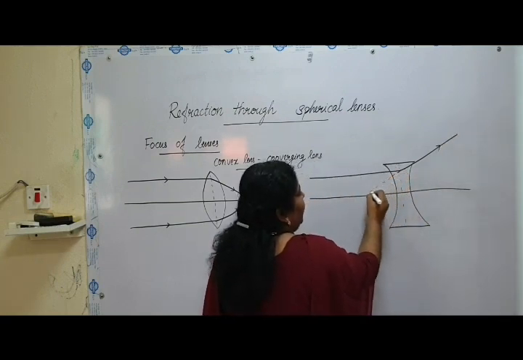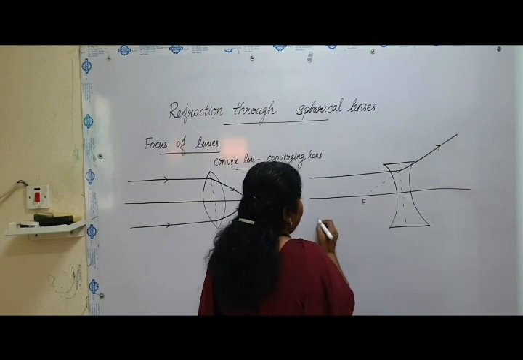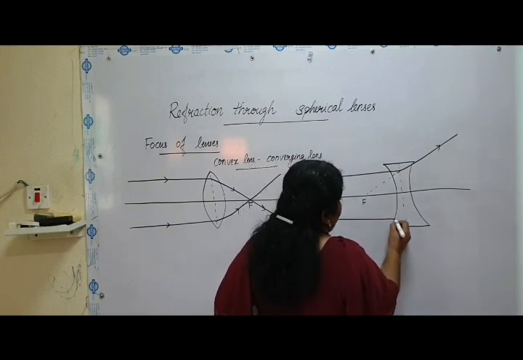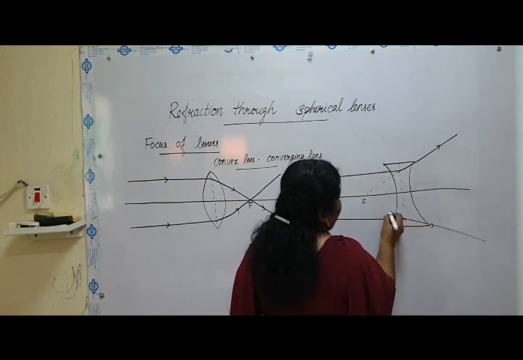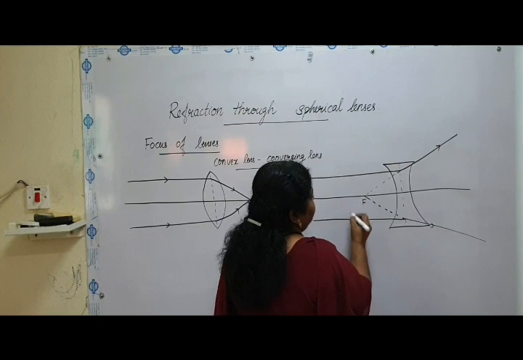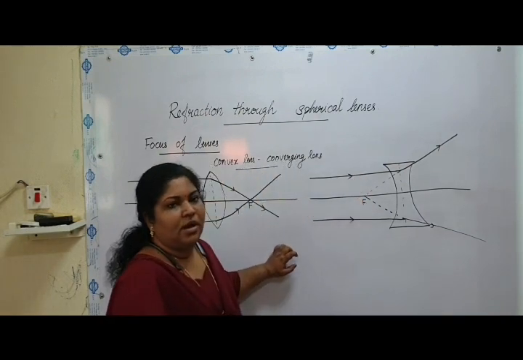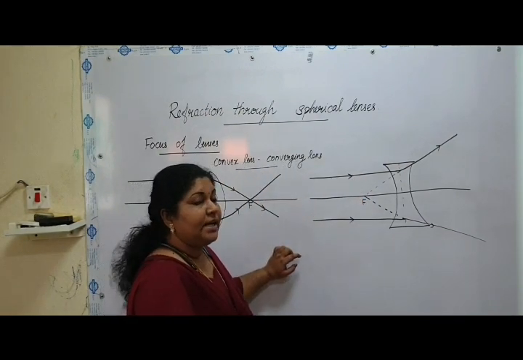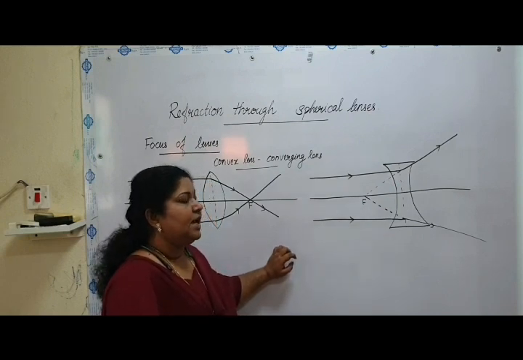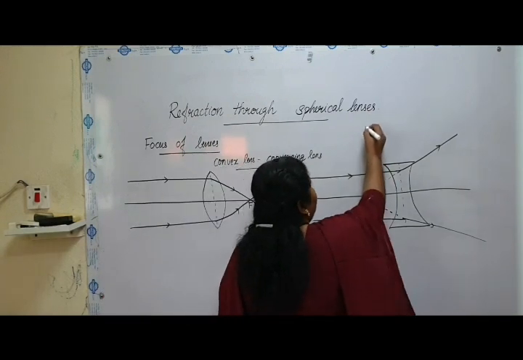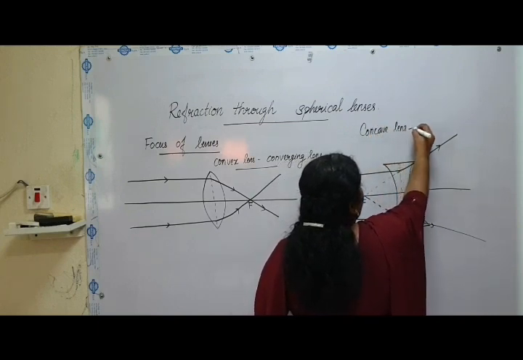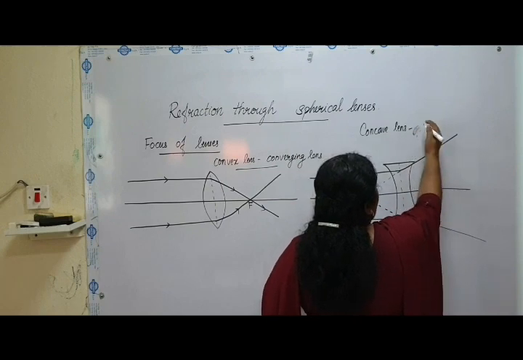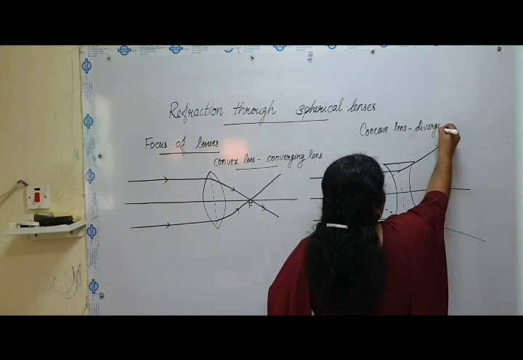Now if you extend it back, you can see that it comes from a point on the principal axis which is known as the focus of a concave lens. So here the rays are diverging after refraction. So concave lens is also known as diverging lens.